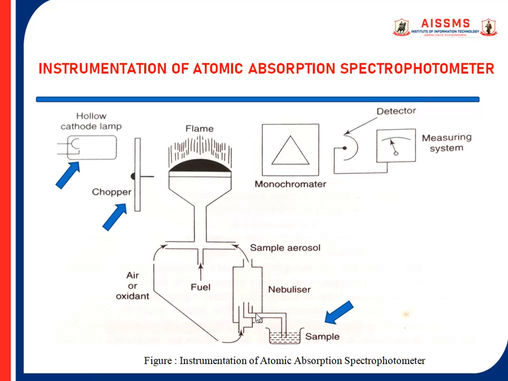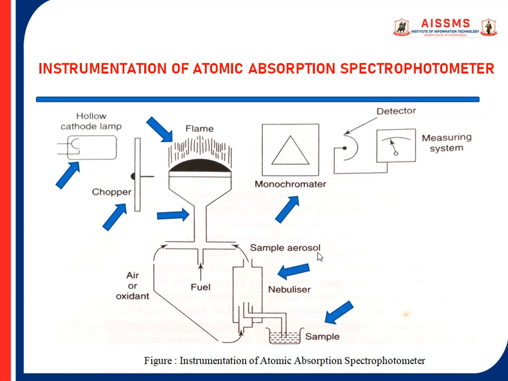Sample is in liquid form, where the unknown metals are to be identified. Nebulizer is a component to convert a sample into small droplets or an aerosol form. Premix type of burner, which is used for the generation of flame with the combination of air oxidant, fuel and sample aerosol.